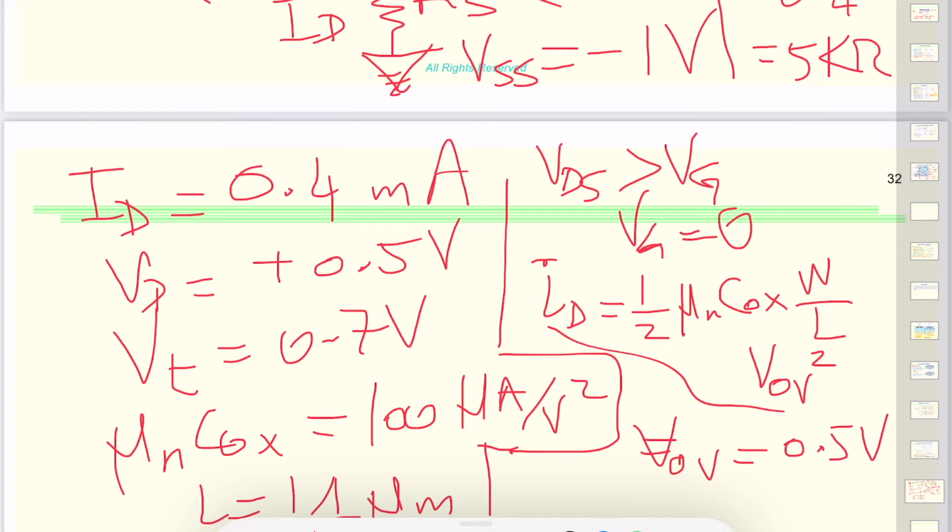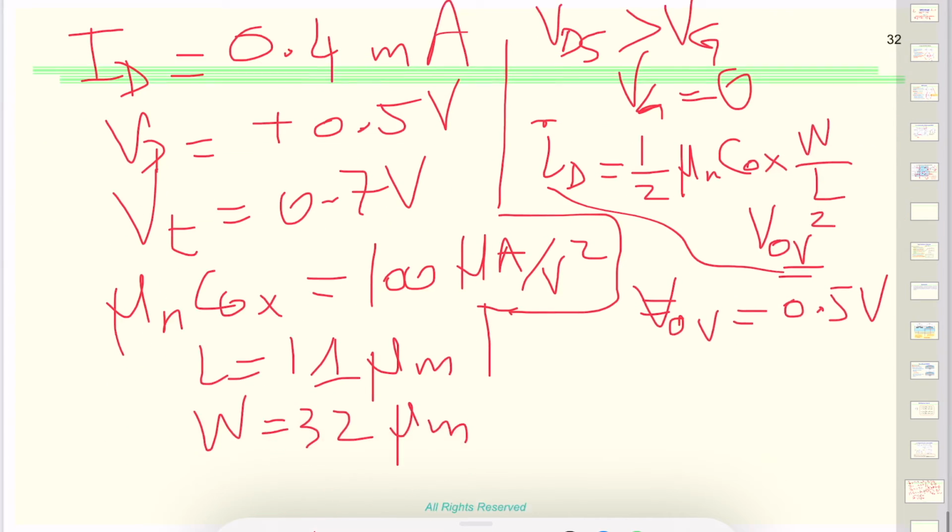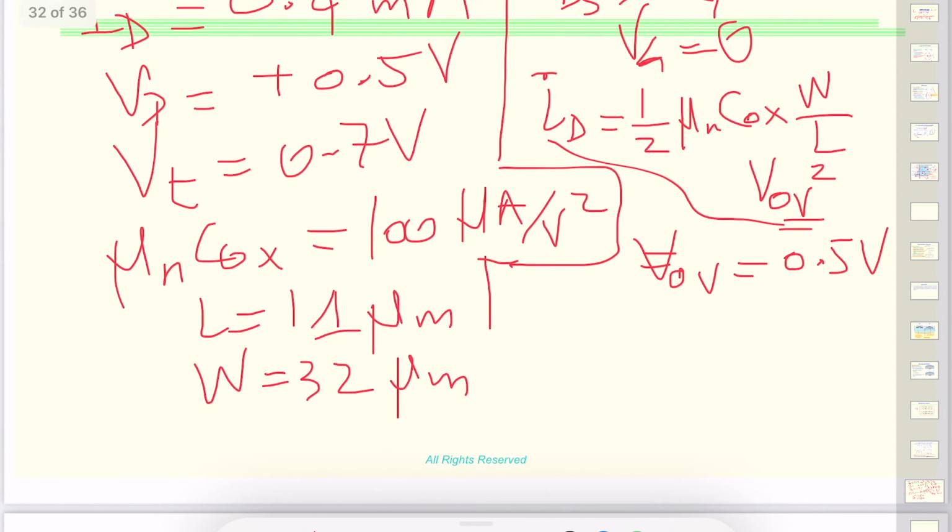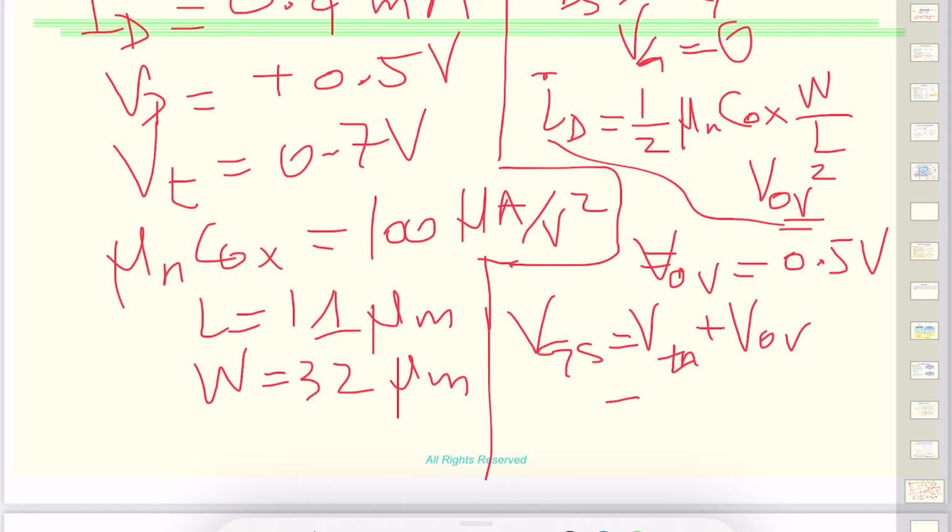we'll find VOV equals 0.5 volts. Of course we'll get the VOV squared value, so we take the square root of that and get 0.5. Now VGS is equal to the threshold voltage, in this case VTN, plus the overdrive voltage, which is 1.2 volt. It's 0.7 given, plus what we have just found.